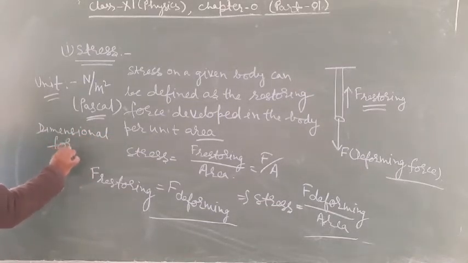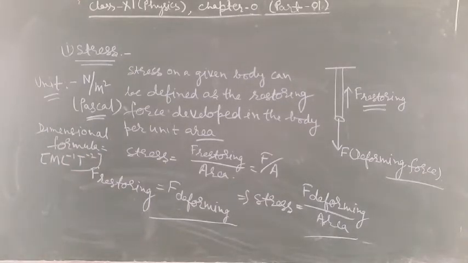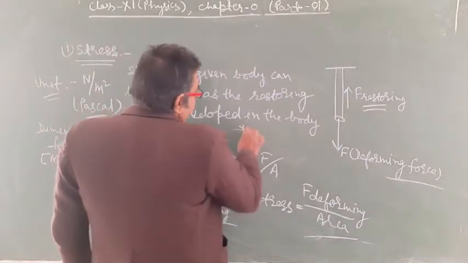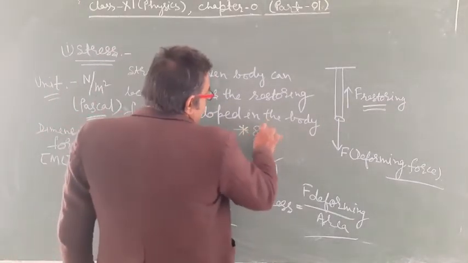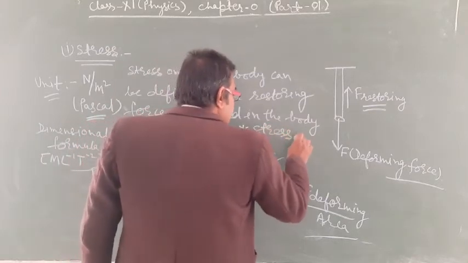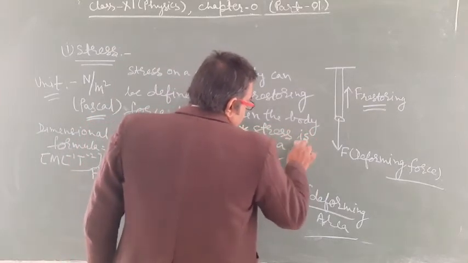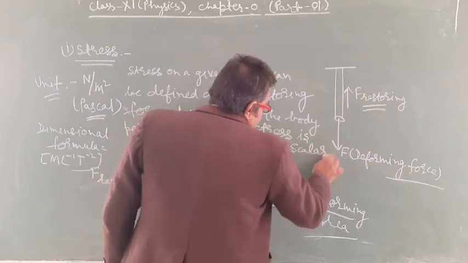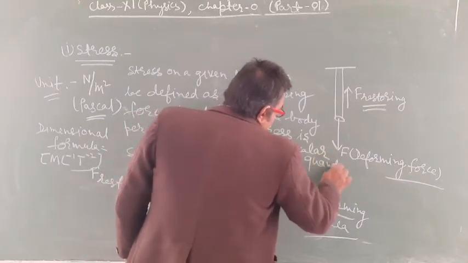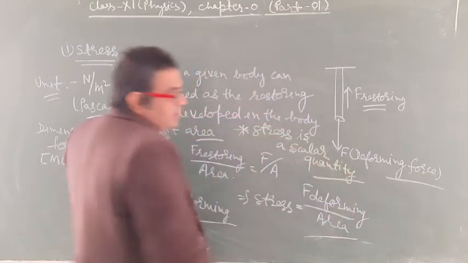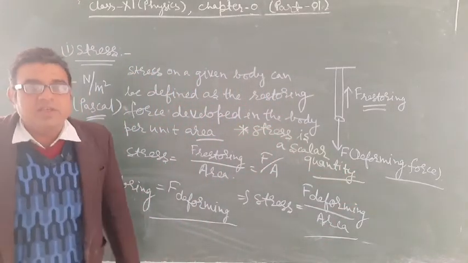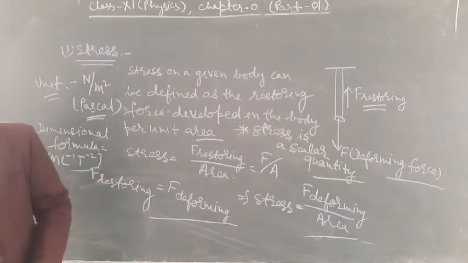Its dimensional formula is M L minus 1 T minus 2. Stress is not a vector quantity; it is force upon area, but stress is a scalar quantity, because there should not be any direction of the force.